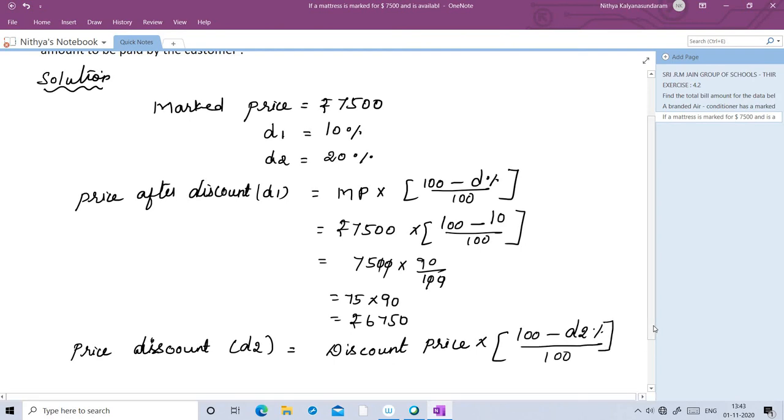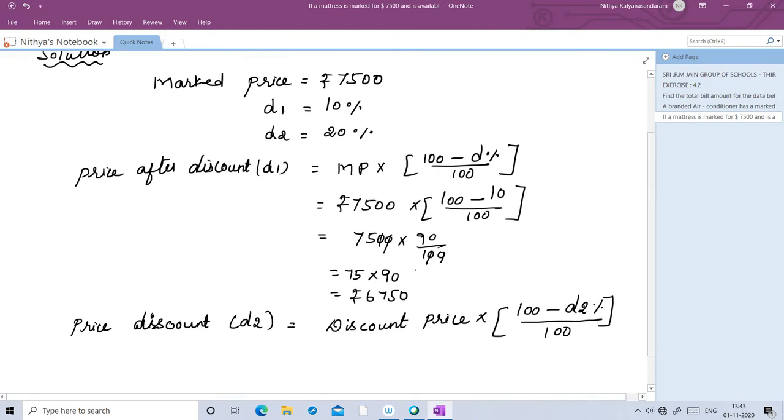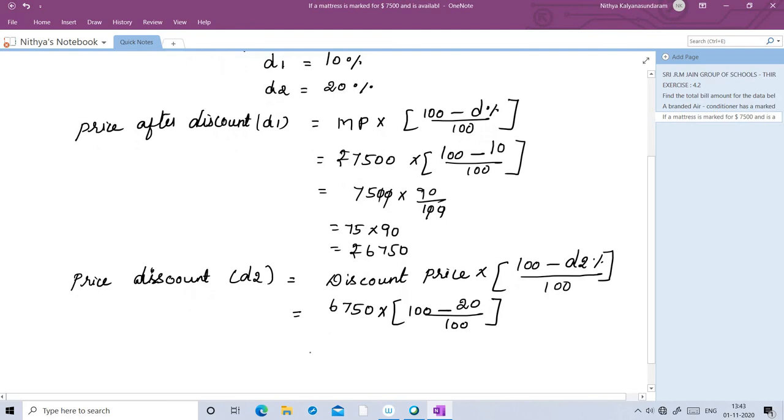So 6,750 into 100 minus 20, which is 80, divided by 100.